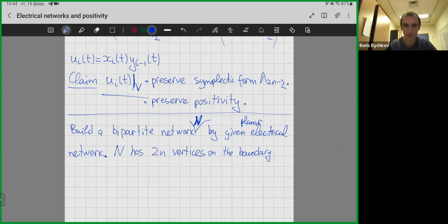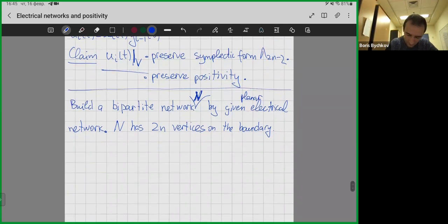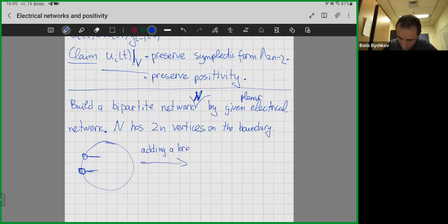So if we have something like this, it's a local picture on a bipartite network. Then adding a bridge is the pulling procedure.